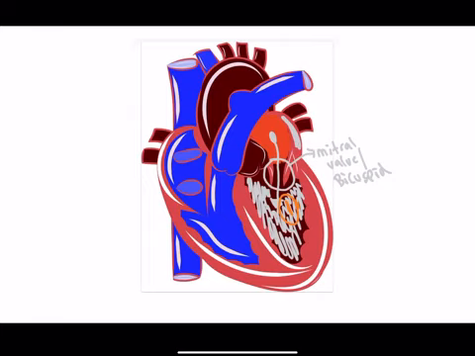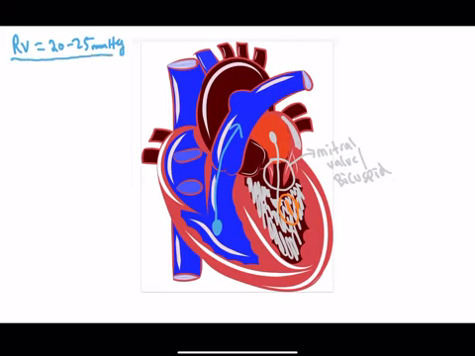So last video, remember we said that when the right ventricle pumps the deoxygenated blood into the pulmonary arteries, it's going to pump at about 20 to 25 millimeters of mercury, right? Remember that? So keep in mind that's the right ventricle.